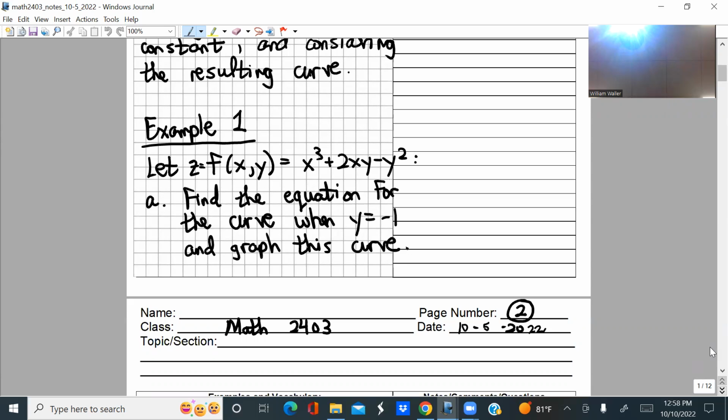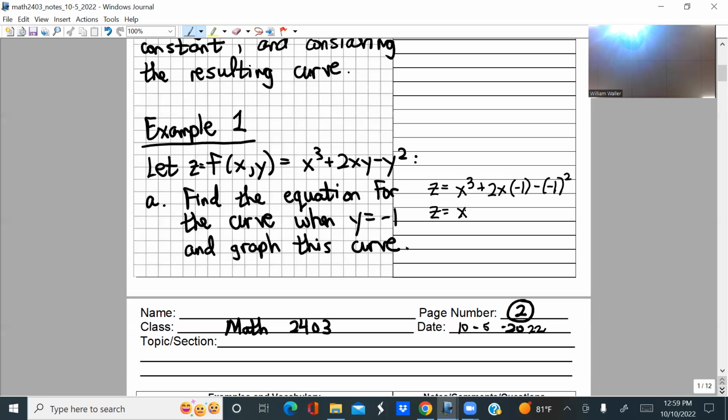So first, what formula do we get here? What function do we get when we set y equal to -1? Well, now x is still a variable, so that's not going to be any different. But y, again, we're setting that to be -1, so I'm going to plug in -1 for y.